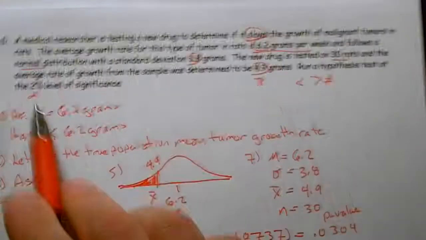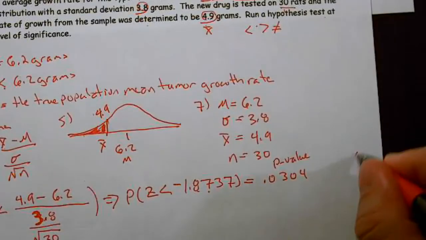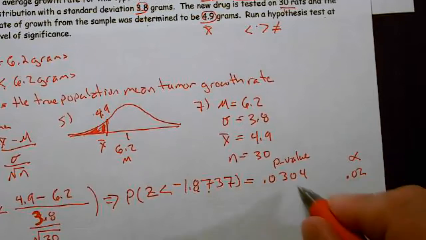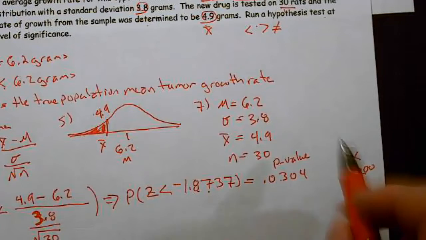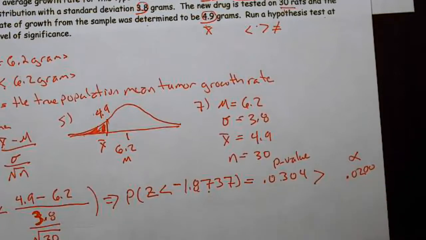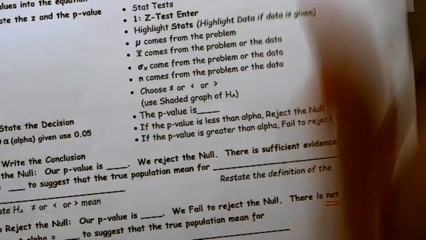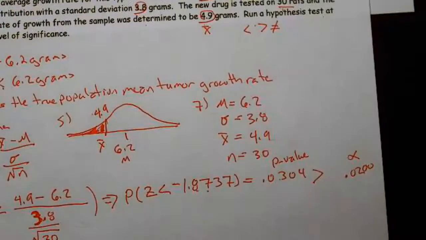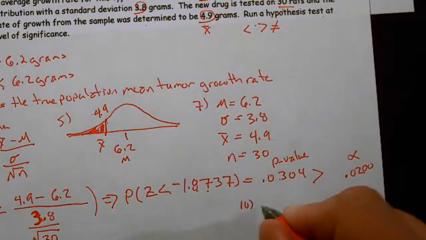And they told us a level of significance, our alpha, of 0.02. And 0.0304 is definitely bigger than 0.02. This is greater than. And when I look at stating the decision, which is number 10, if the p-value is greater, we're going to fail to reject. So this is number 10. This is our decision.